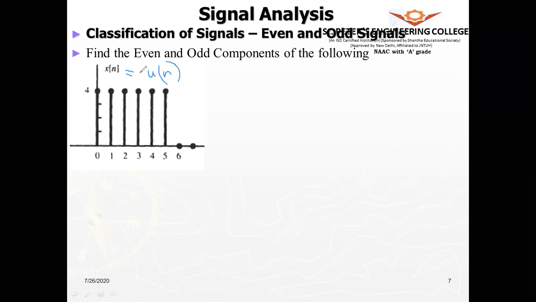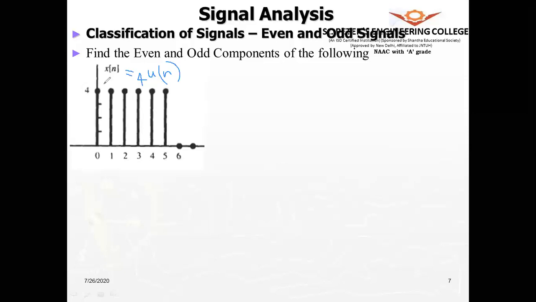Therefore x of n will be equal to 4 into u of n. Now, 4 into u of n means a constant amplitude of 4 starting from n equals 0 up to infinity. But the signal does not exist up to infinity. It ends at n equals 6, that means it exists up to 5.